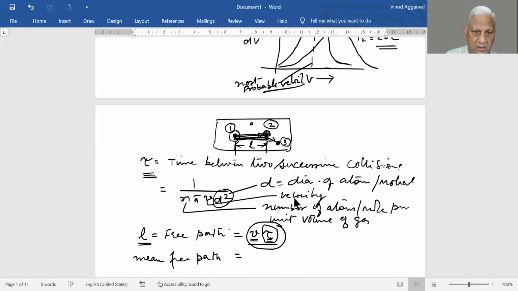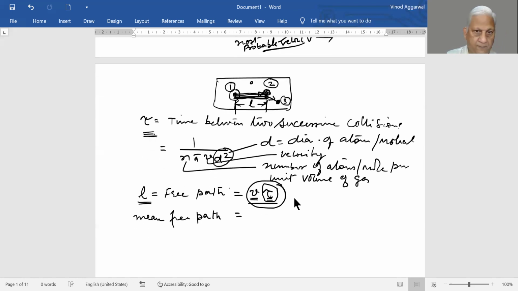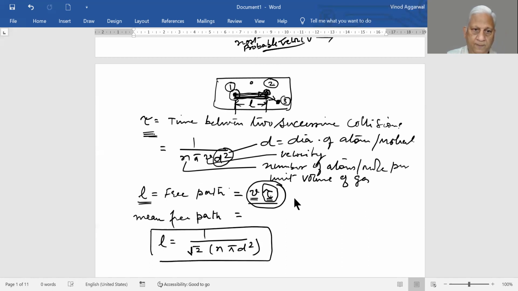This is a refined, more accurate version, which is mean free path L is equal to 1 by root 2 times n pi d square. This is a more accurate relationship.